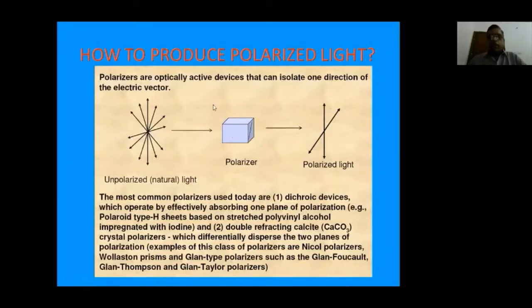Basically, it's a birefringent material that is used. Birefringent is nothing but two refractive indices, and that lets you select polarized light from unpolarized light. So you put a polarizer in the excitation path, and that gives you plane polarized light.